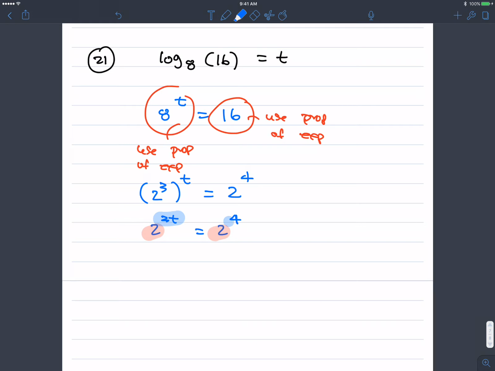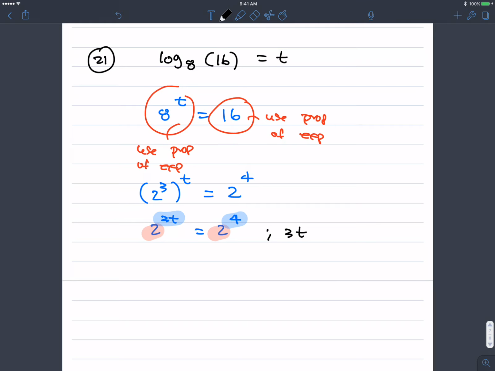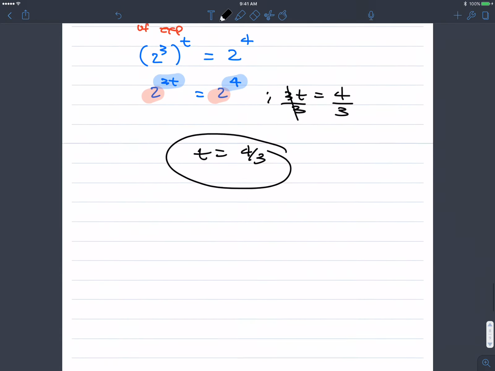And we have 3t and 4, meaning 3t equals 4. Divide both sides by 3. I get t going to be 4/3. So this t is going to be replaced with 4/3. Using the definition of a log and properties of exponentials to evaluate.